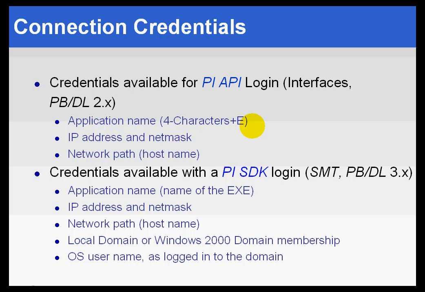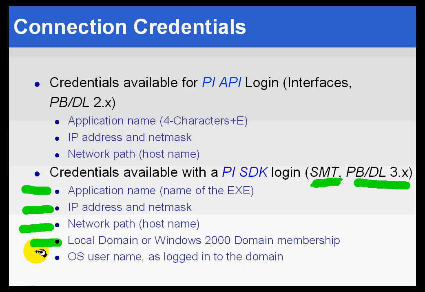Now, with a more modern client like the Pi SDK clients, system management tools, the current version of Process Book, Data Link 3.x, etc., those newer applications have those same connection criteria plus 2 more. So they have the application name, the IP address, and the network path, but we can also derive from them the local domain name.